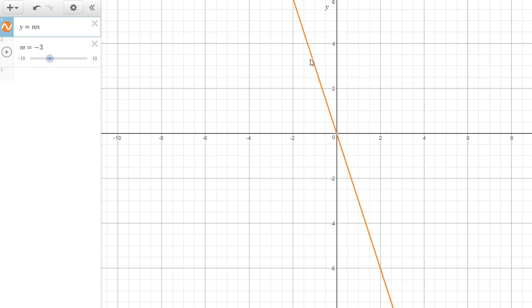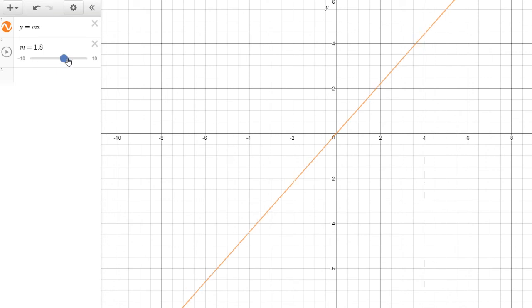Every line that has a negative gradient runs in this direction. That little equation is quite powerful because it's tiny, it's only y equals mx, but it allows us to draw every single line that runs through the origin. So it carries a lot of information in it.